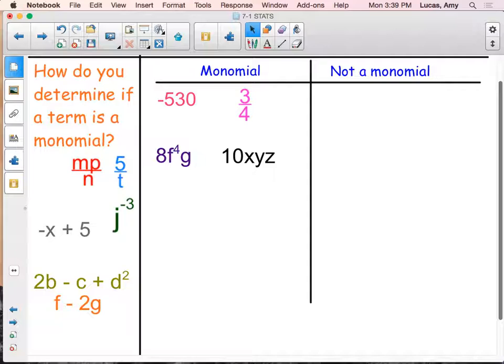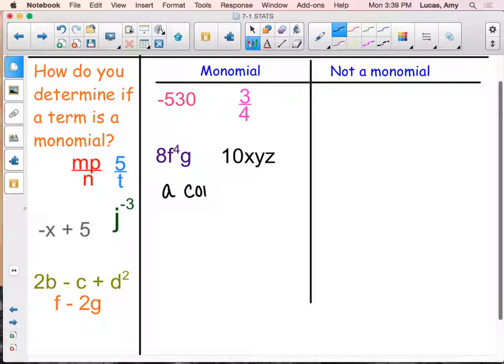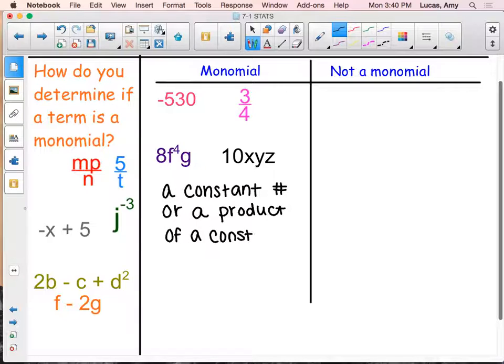So that would be good. And that's it. Those are the only monomials that we've got here. So a monomial is a constant number or a product of a constant and one or more variables.